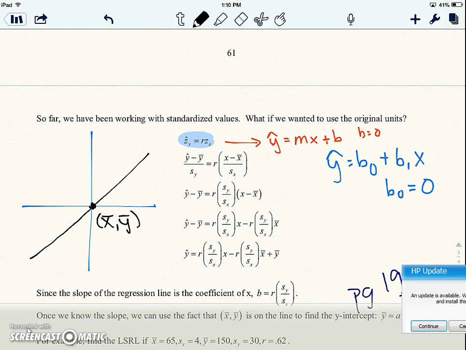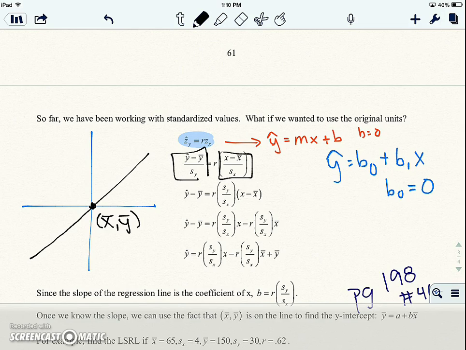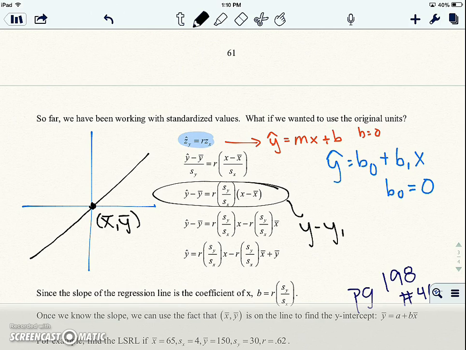What this is, is a derivation to show how we get our different values when we plug stuff in. You could take the formula for z-scores and put the z-score for y and the z-score for x into the formula. And then right here, this is the point slope formula. Remember, y minus y1 equals m times x minus x1.